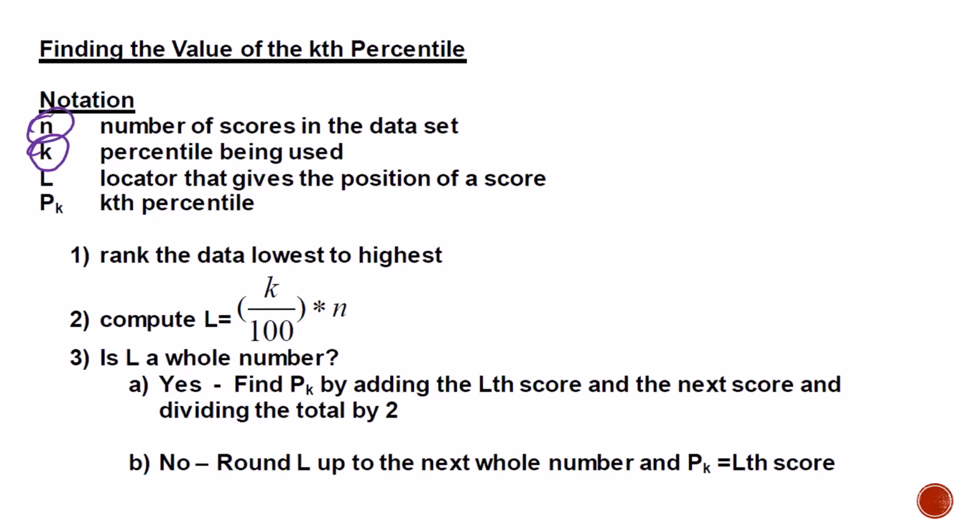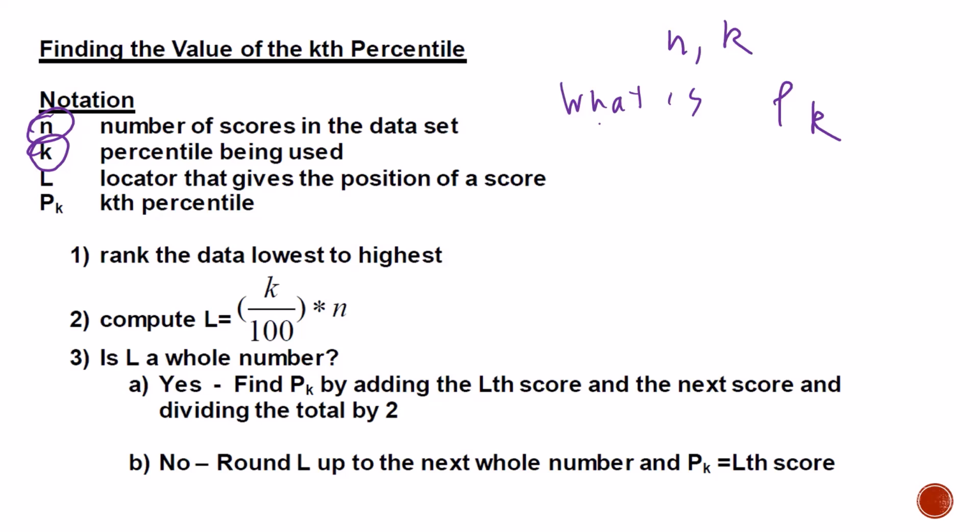So we start with N and K, and we are asking, what is PK? The formula you use is you need to find L. That's K divided by 100, because that gives you the percentage as a proportion, as a decimal.